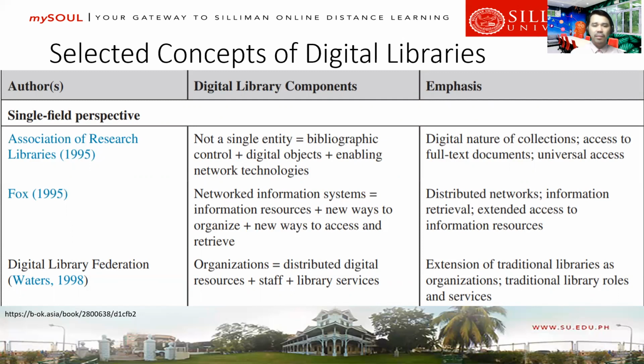The emphasis during this time is that digital libraries are considered as an extension of traditional libraries as an organization, and the traditional library roles and services are expanded through digital library services.